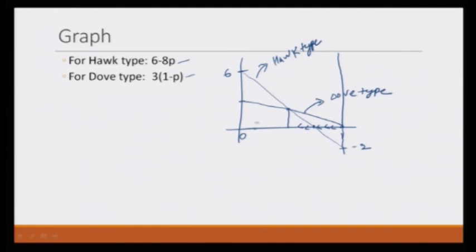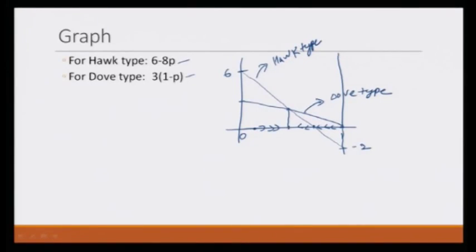Similarly, if you start here where p is fairly low, in that case what happens? Hawk type does much better than the dove type. In that case, of course, hawk would have better fitness, they would do well, they would have better reproductive success, and their proportion in the population would increase, and you would move in this direction. So this is the point where equilibrium would happen.